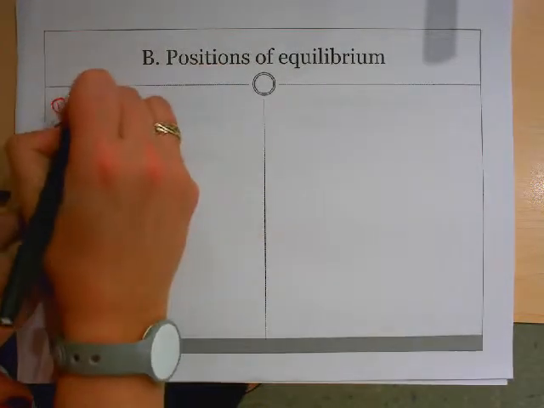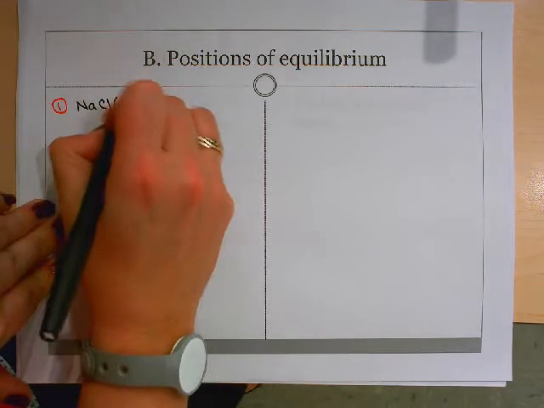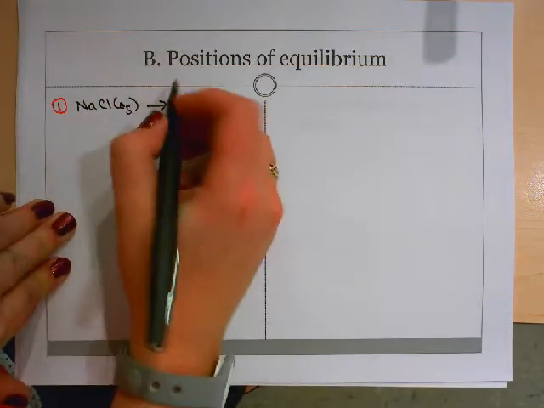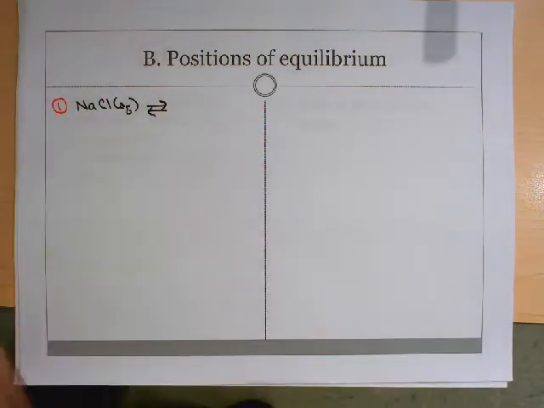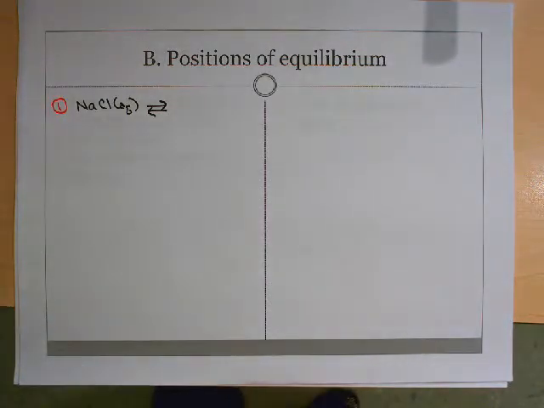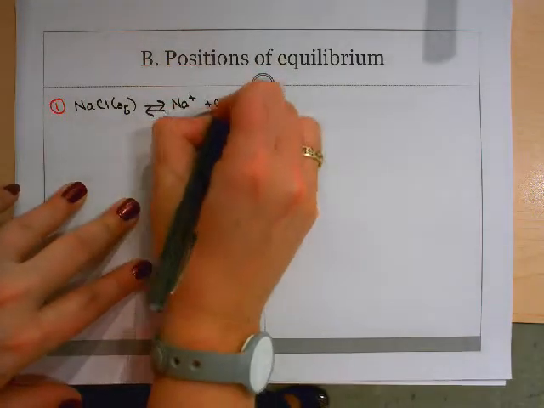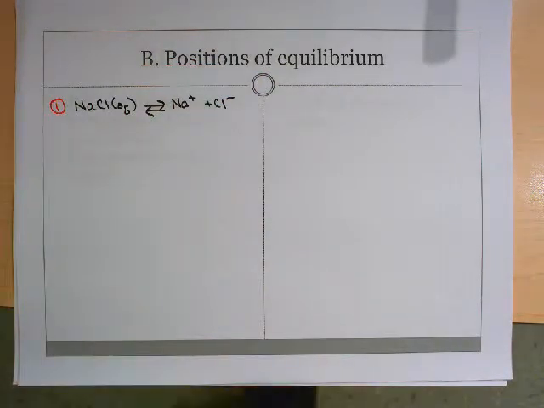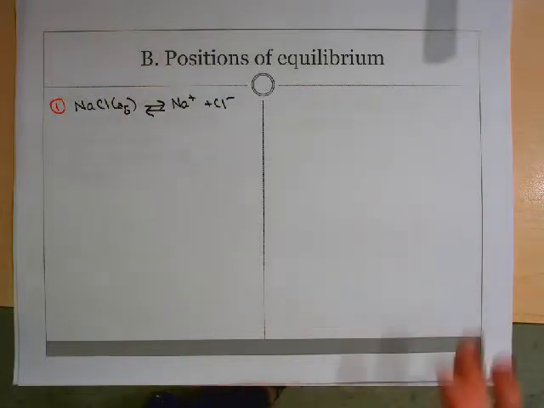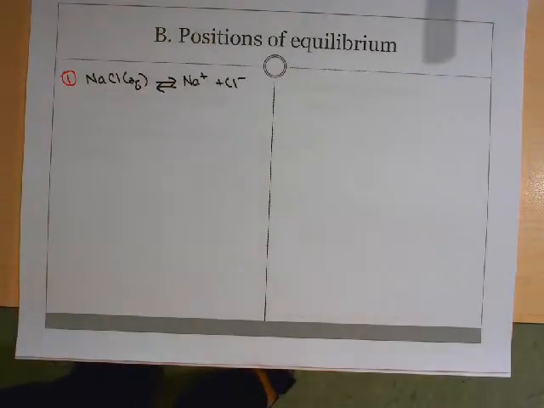Alright, so let's say I have sodium chloride aqueous. What two ions does sodium chloride break up into? Sodium with what charge? +1, and chlorine with, okay. Alright, what do we know about ions dissolving in solution?